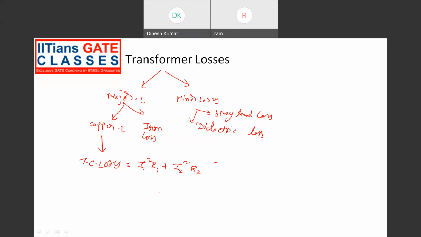And copper losses are directly proportional to the load. So the other way to write copper losses is I1 square into R01, or we can also write I2 square into R02. We have seen the expressions for R01 and R02 in the earlier slide.